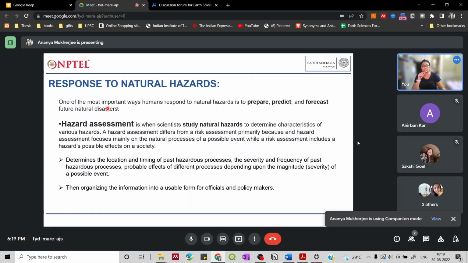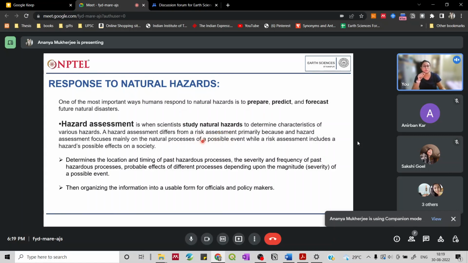So the first thing we go into is hazard assessment, where scientists study natural hazards and try to determine the characteristics of different hazards like earthquakes, volcanoes, tsunamis, cyclones, floods.